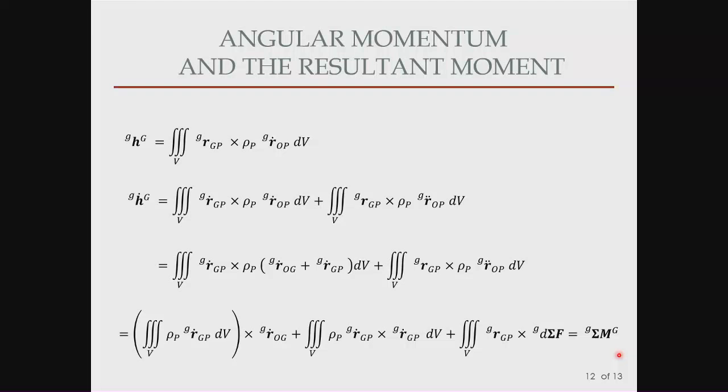Why am I saying it? It's important because we said, for instance, this becomes 0, but this is a 0 vector only when G is the center of mass. Otherwise, it's not 0, right? So we use the property of the center of mass to ignore this part.